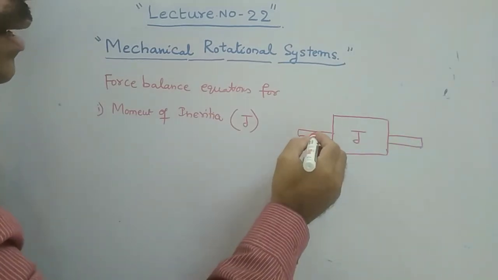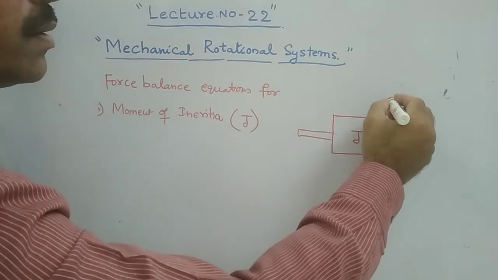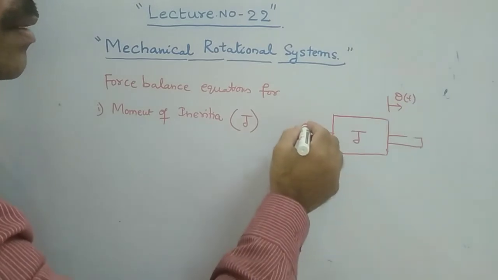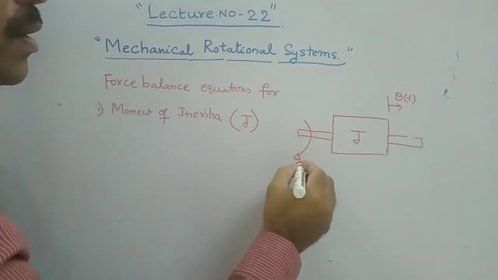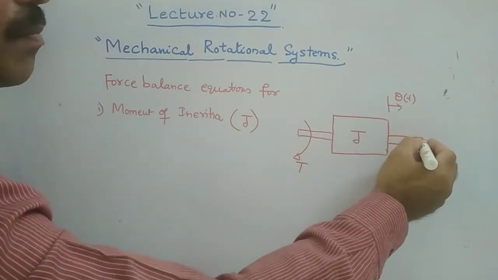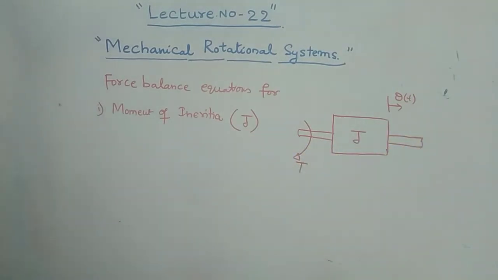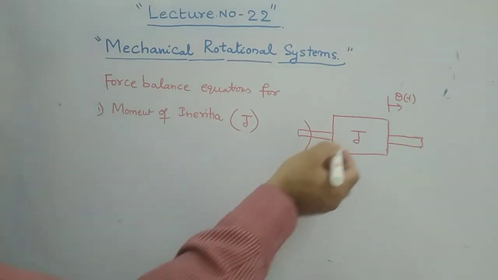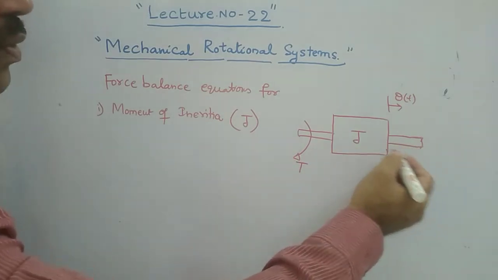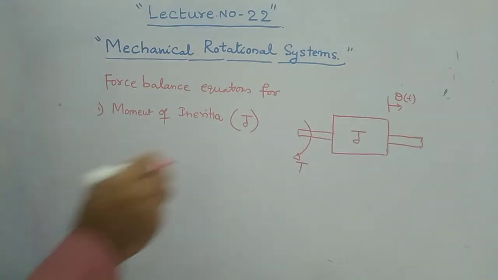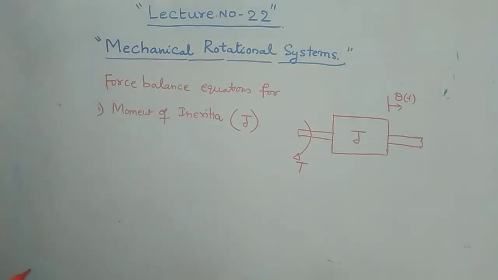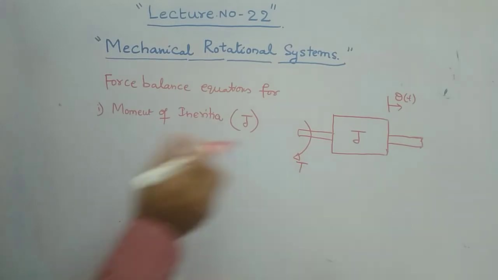Okay, let us say this is your displacement theta of t, and here the applied torque is given like this, and this is your J. Therefore, what is the force balance equation? Here the applied force is your torque actually.